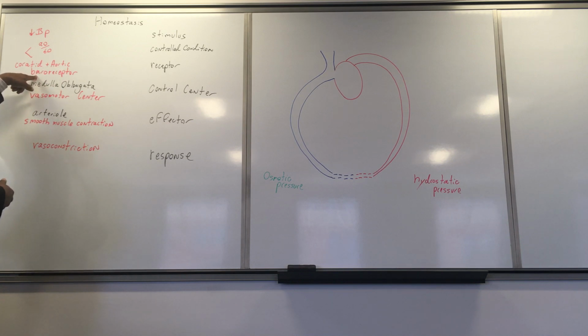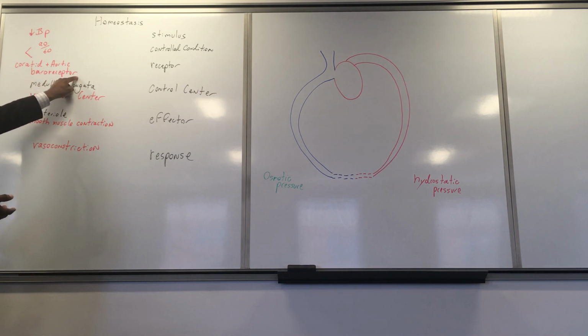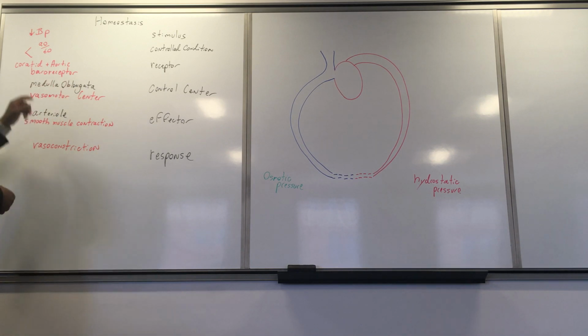And what are we detecting this time? We're detecting not chemicals, but pressure. Just like a barometer, that detects pressure, a measuring tube for pressure. That's why we call these receptors baroreceptors. Where are they? The carotid baroreceptor and the aortic baroreceptor.